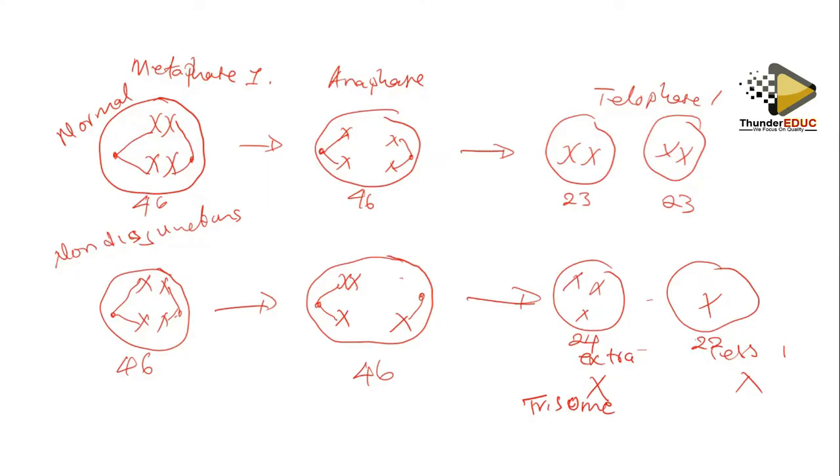Here, because it is 1, it is going to be mono, so we call it monosomy. If this non-disjunction occurs on chromosome number 21, then we call it trisomy 21. Now, what happens?